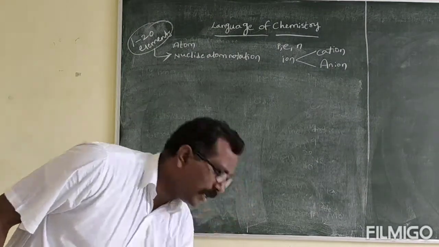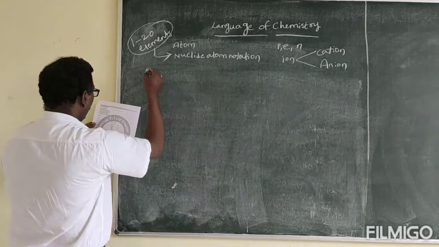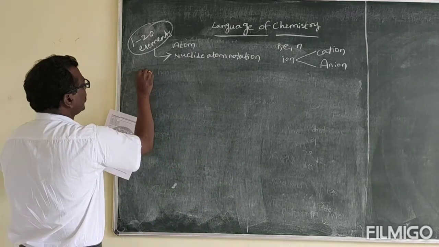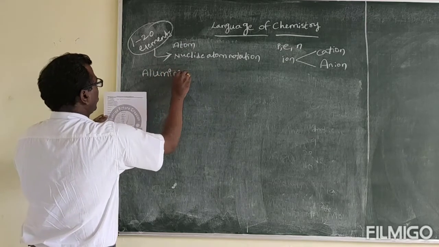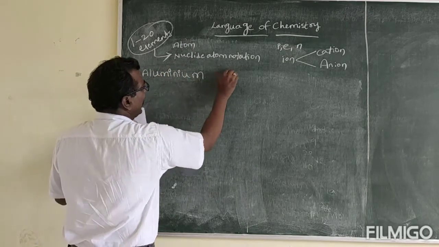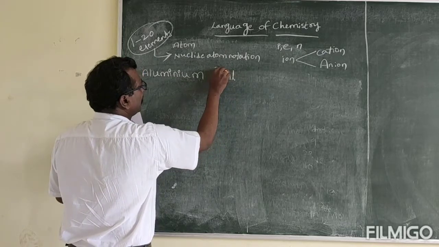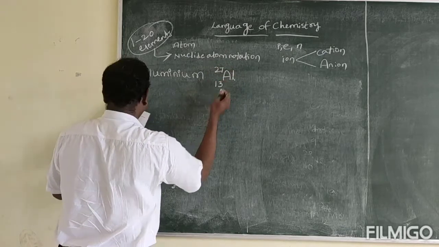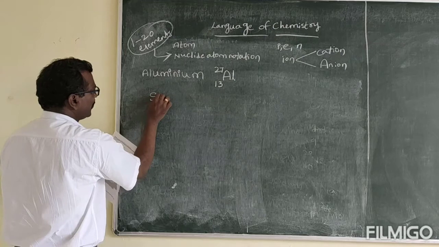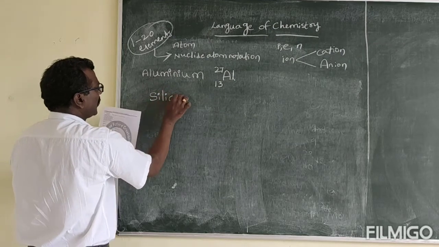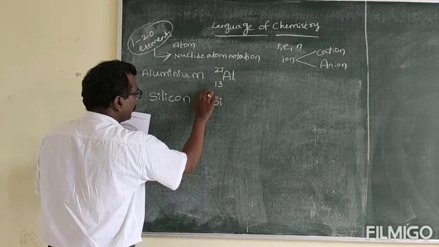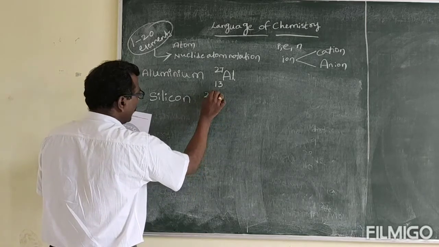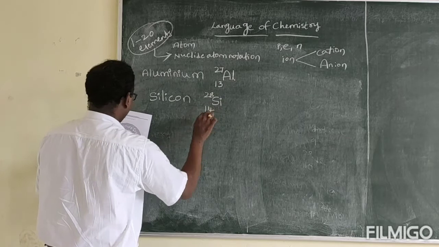So we have written up to magnesium. After magnesium, aluminium Al 27 13. Silicon Si 28 14.